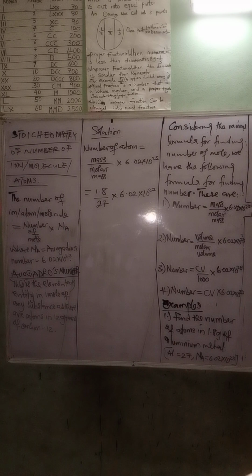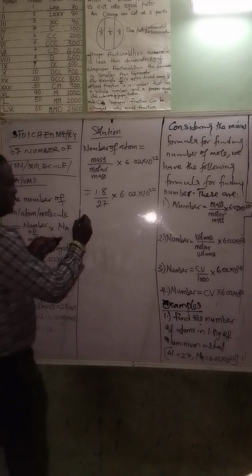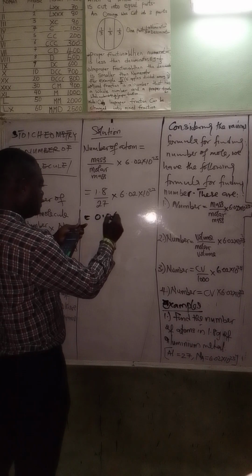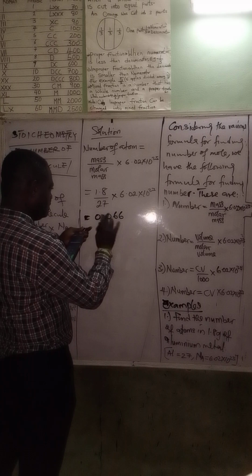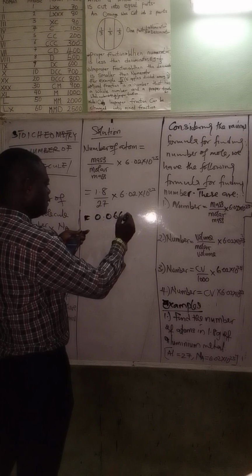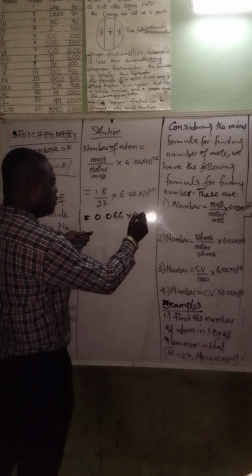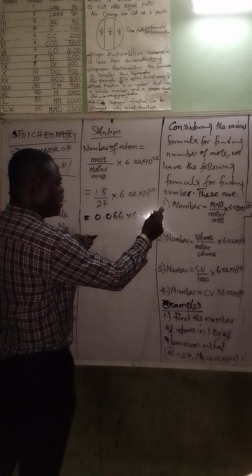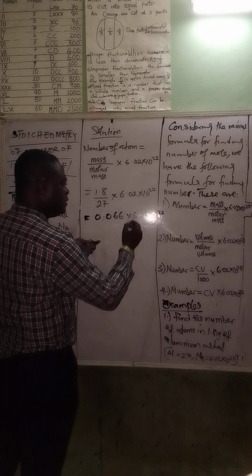So what do we do to get that? We have 1.8 divided by 27, which gives 0.066. Now times 6.02 times 10 to the power 23.